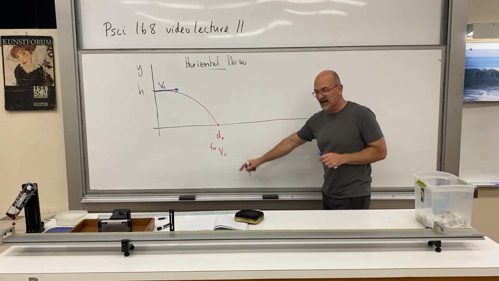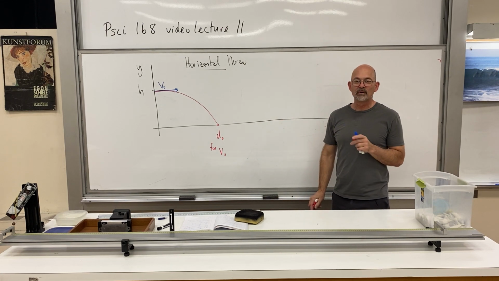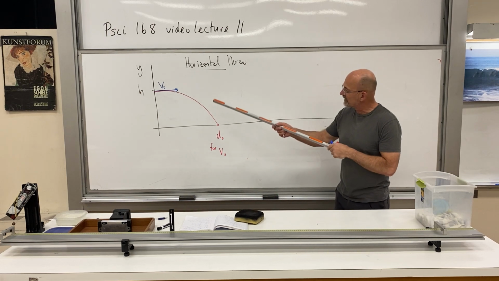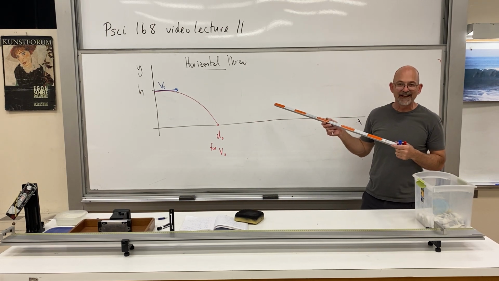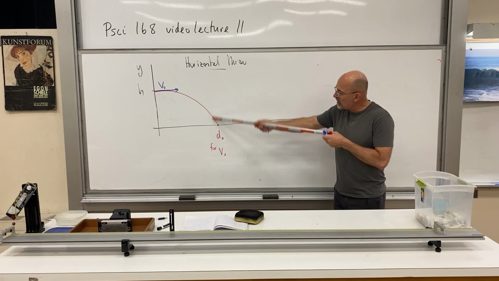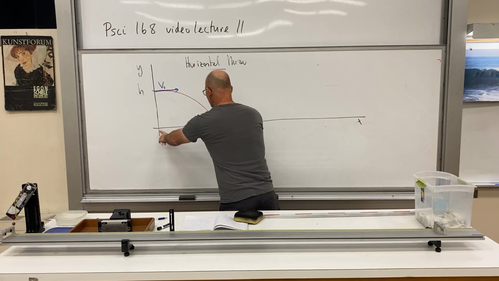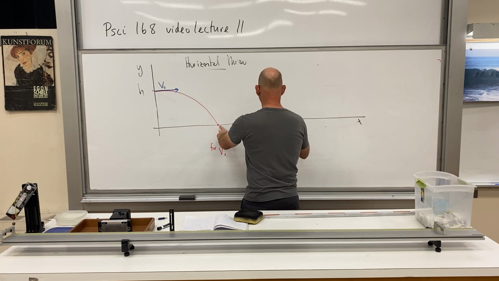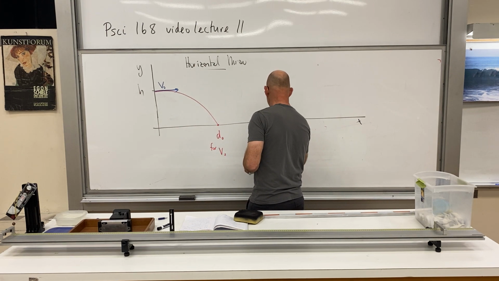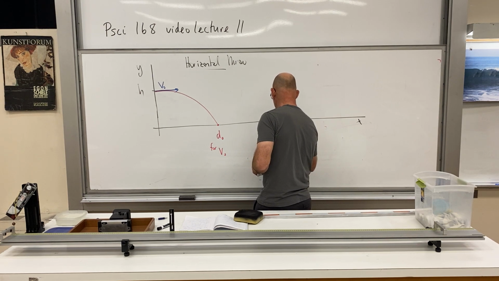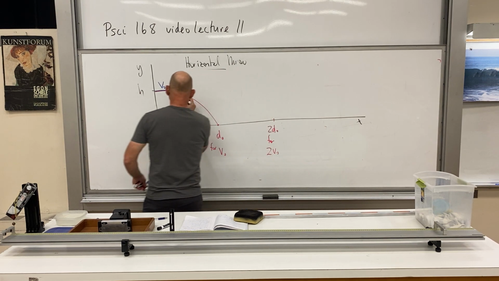That's the distance for the initial speed. Now suppose I throw it with twice the speed. Twice the speed means it's going to go twice the distance in the same time. But the time it falls is always the same time. So if I do twice the speed, I'm going to go exactly twice the distance, okay? 2d0 for 2v0, and I'll draw this arc.